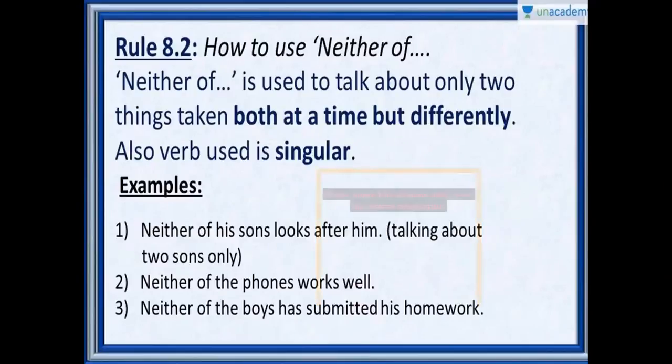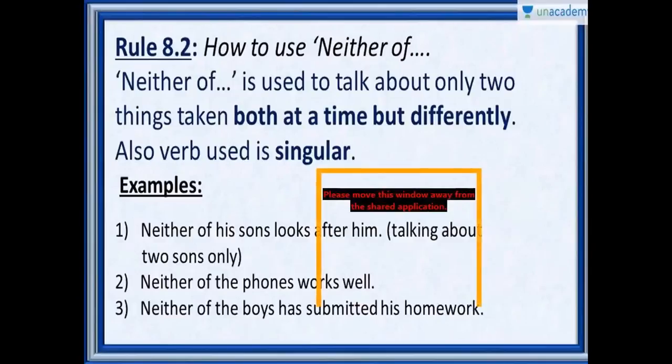Also, the verb used is singular. For example, neither of his sons looks after him. Neither of his sons. Maybe he has two sons. Neither means, yesterday, the day before yesterday when I taught you the class, I said neither means nothing. Either means either one thing. So, neither of his sons.